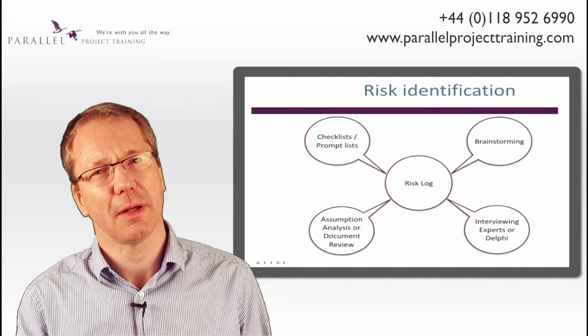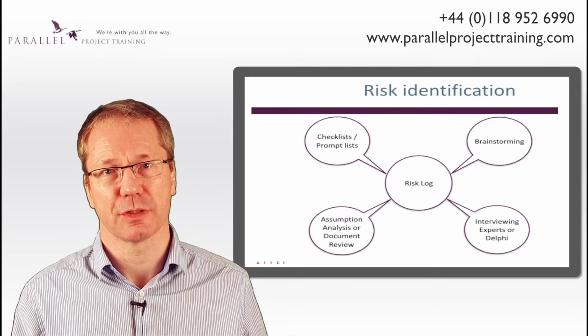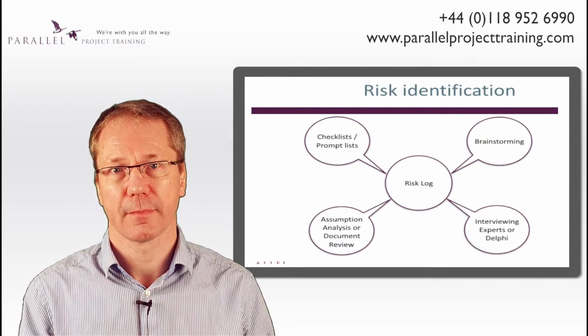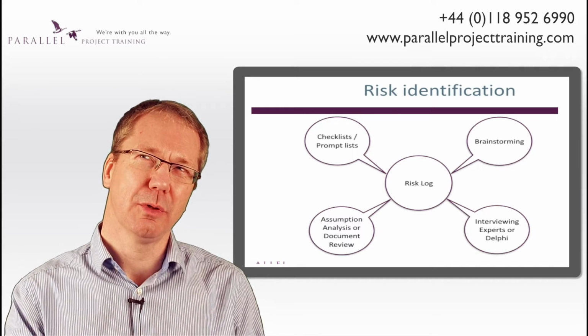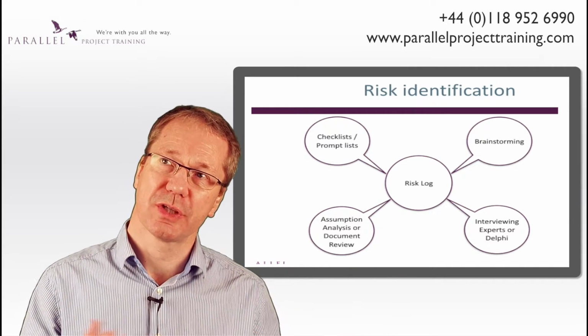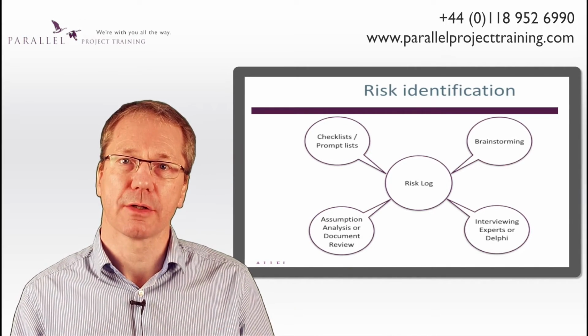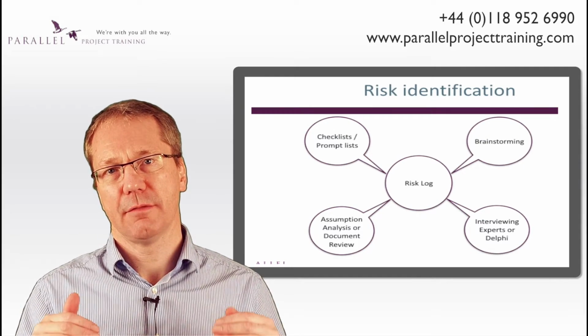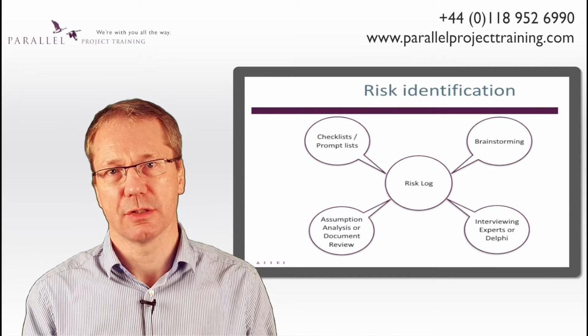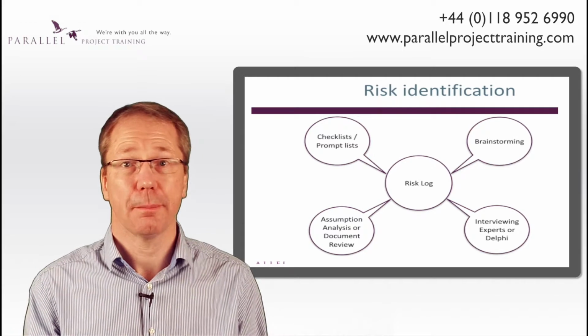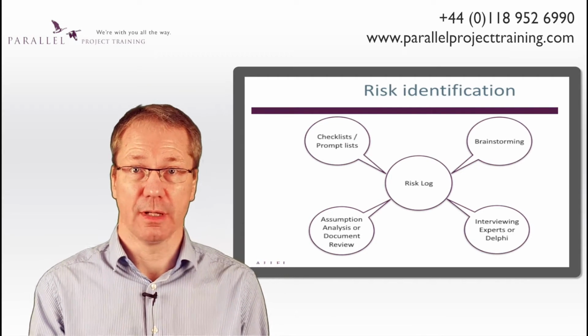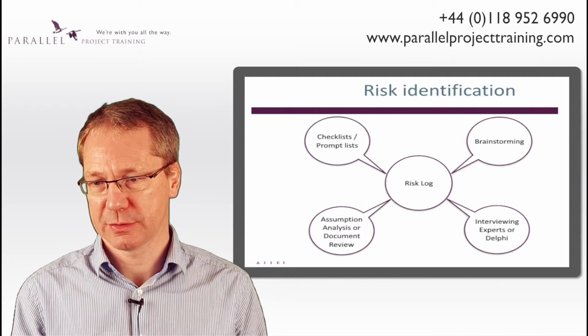You can think about copying your last risk register as a bit of using it as a checklist. Prompt lists are headings. So some organisations have commercial, safety, technical as headings, and they're reminders of areas that we need to look at. Legal, you know. In fact, PESTLE, you could think of as being a prompt list for risks.